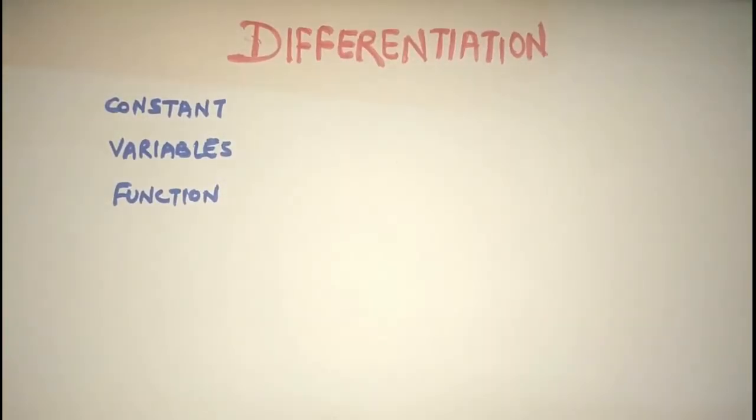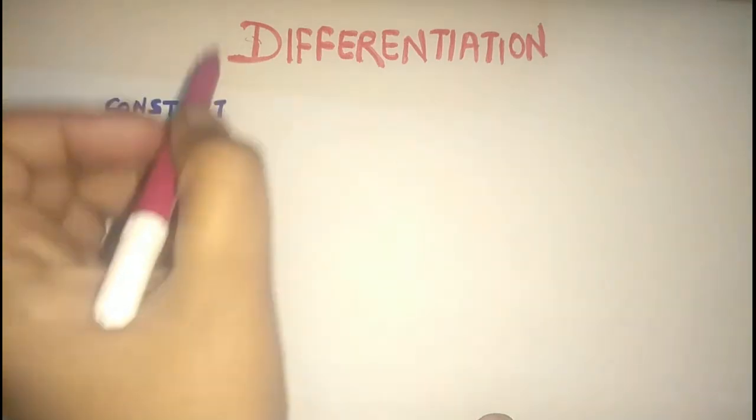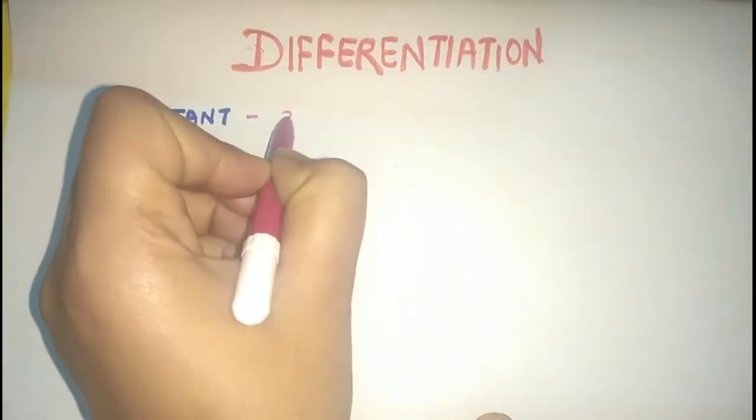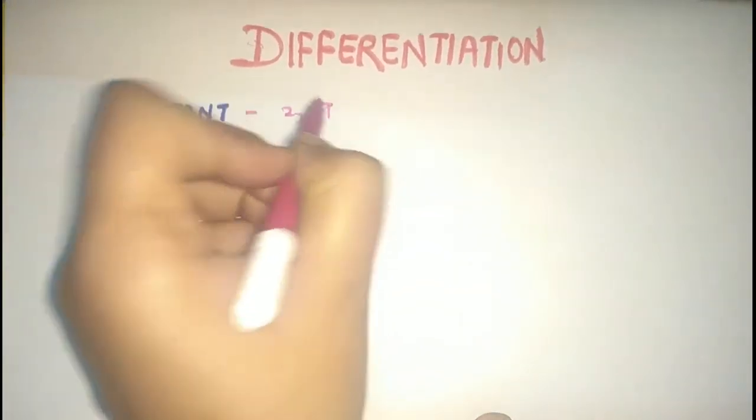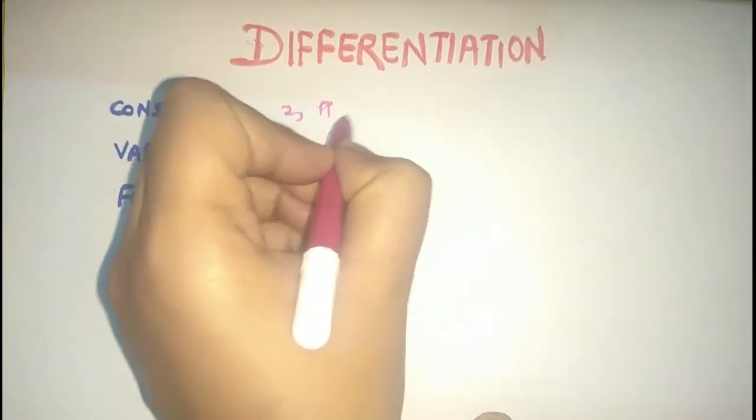So before starting with differentiation, we should know some terms: what is a constant, what is a variable, and what is a function. We know that constants are quantities whose value remains unchanged during mathematical operations. Like we have 2, like we have pi, like we have exponential e.